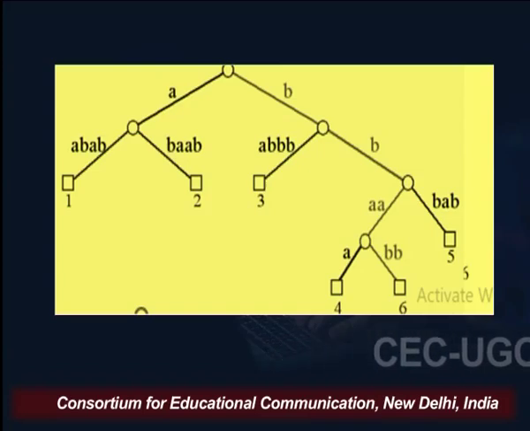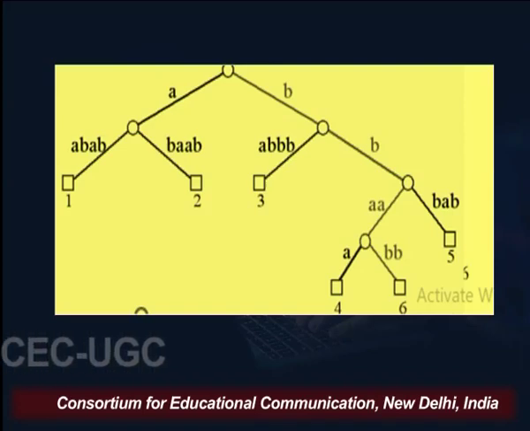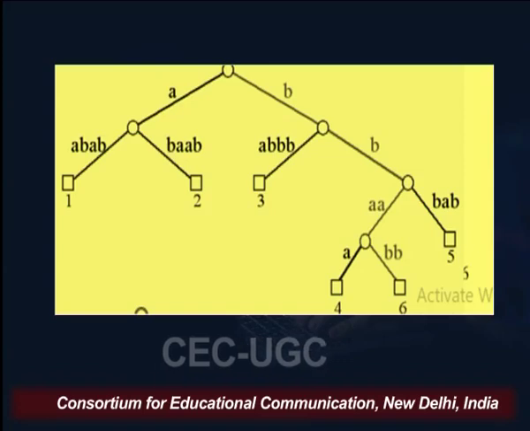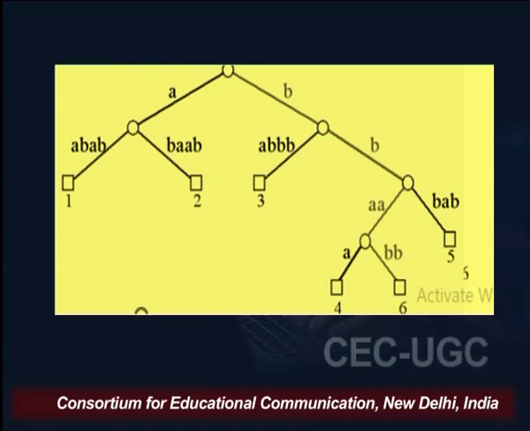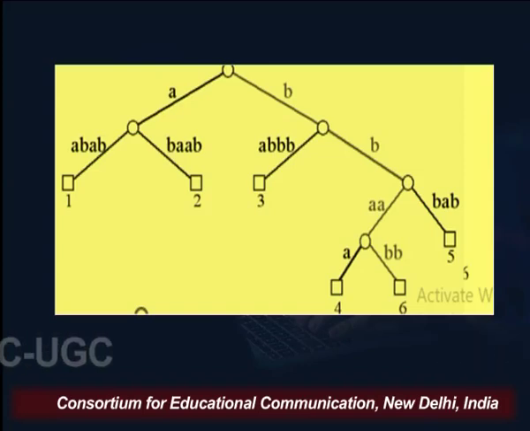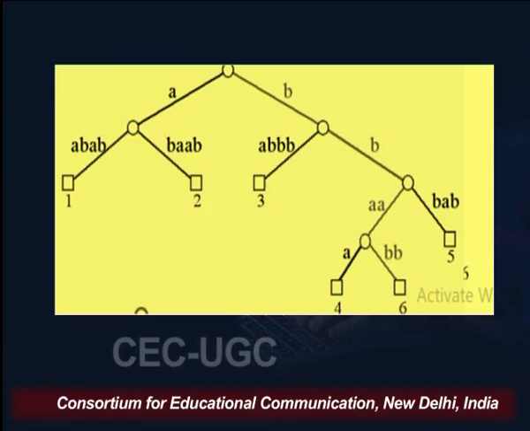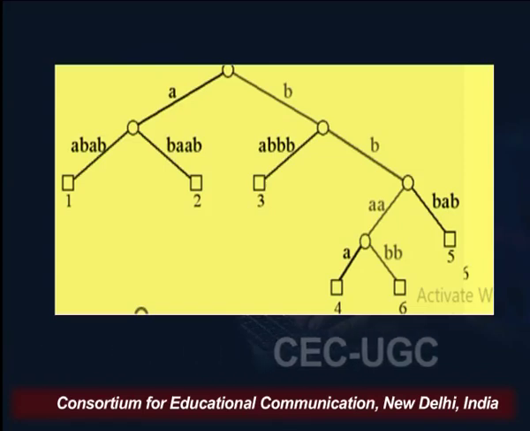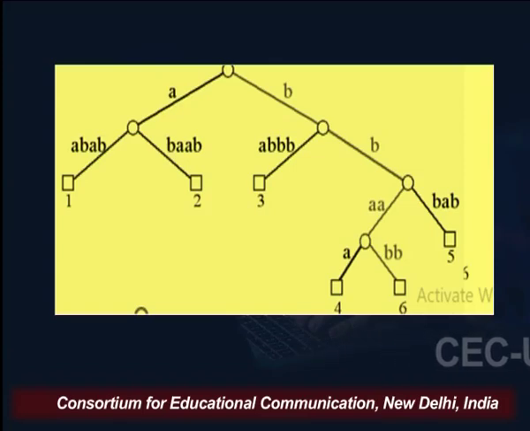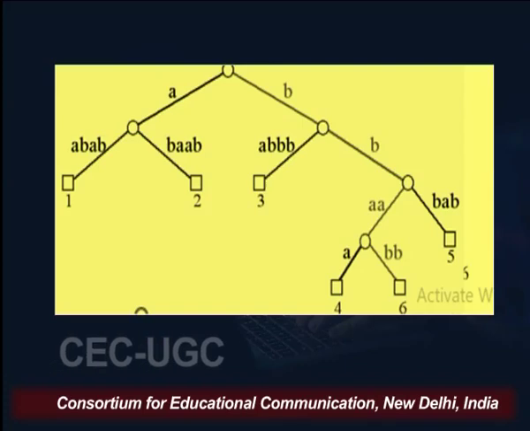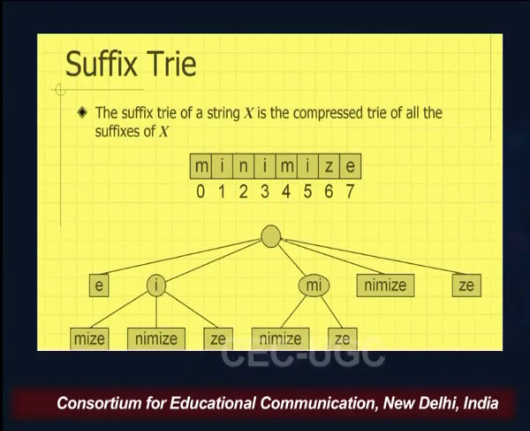So, what I am trying to establish with the help of this example is that insertion in a compressed trie is not very tricky, it can be performed very easily. So, till this point we have seen what the compressed trie is. Now, coming to the next scenario, which is suffix trie.